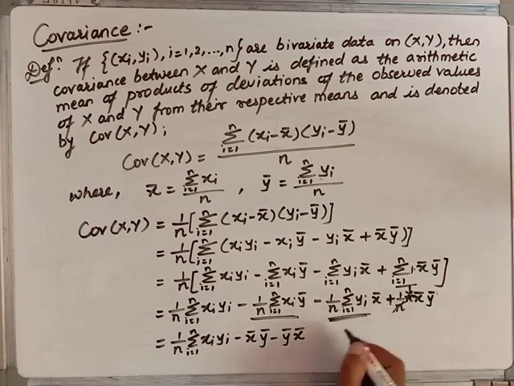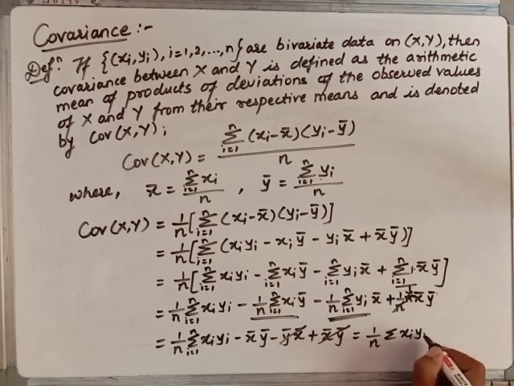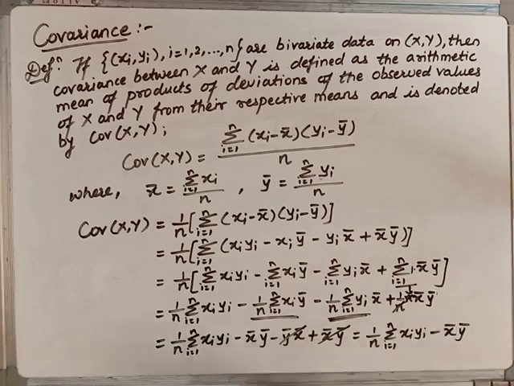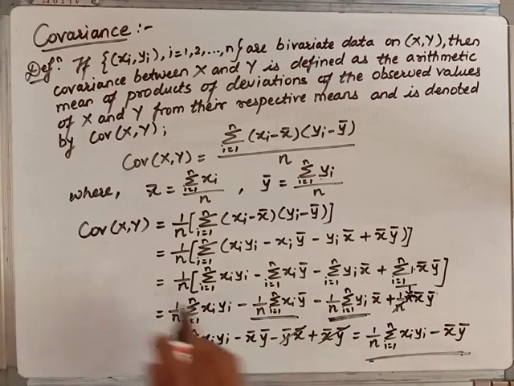Here this n gets cancelled, so plus x bar y bar. They have opposite signs, so they get cancelled. So what is it? 1 upon n summation xi yi, i goes from 1 to n, minus x bar y bar. This is a very simple formula to calculate covariance between x and y.